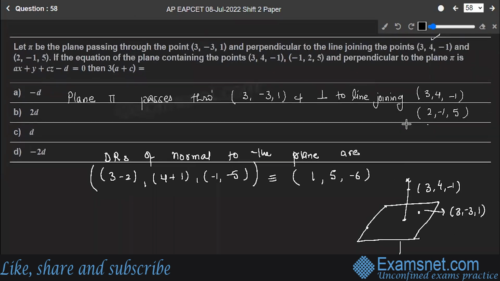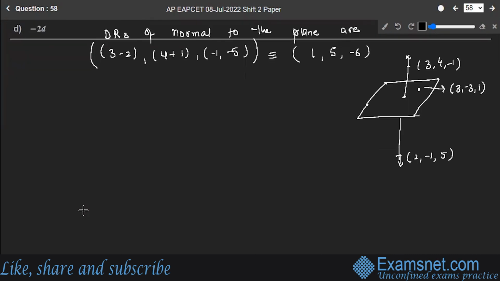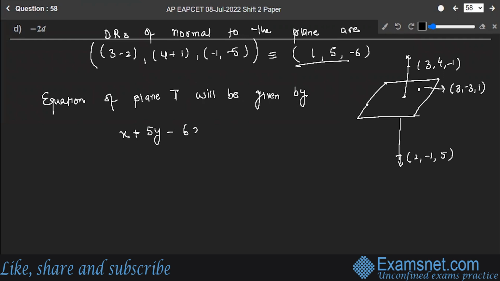Now the equation of plane pi, according to these direction ratios, will be given by x plus 5y minus 6z plus d is equal to 0.